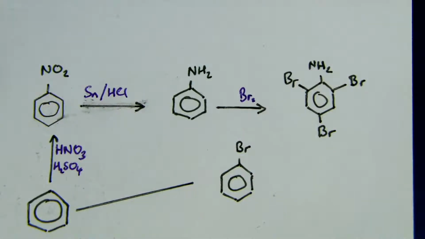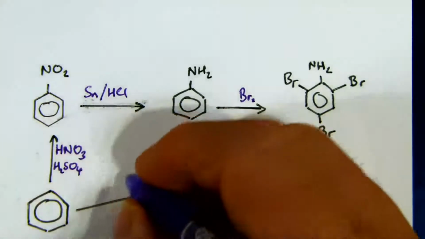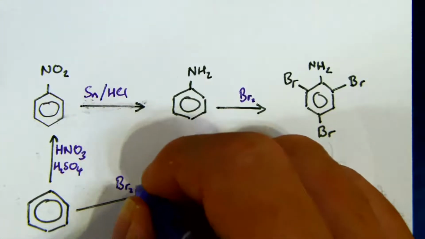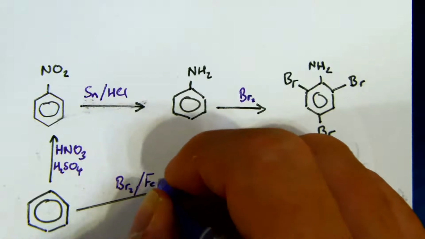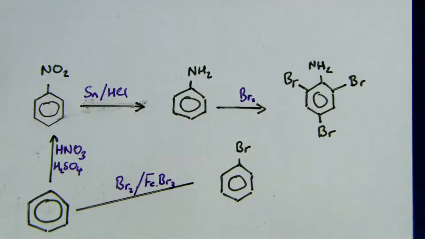And that is going to be a little bit harder work, because for this one, we'd need to use Br2 and something like FeBr3 to try and get that to work.